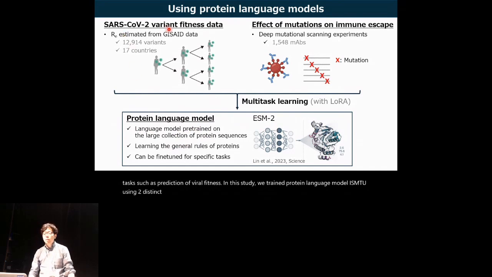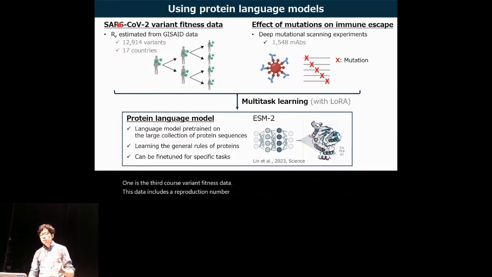One is the SARS-CoV-2 variant fitness data. This data includes the reproduction number of various variants estimated from genome surveillance data. And the second information is the effect of each mutation on viral immune escape. We utilize the results of deep mutational scanning experiments.